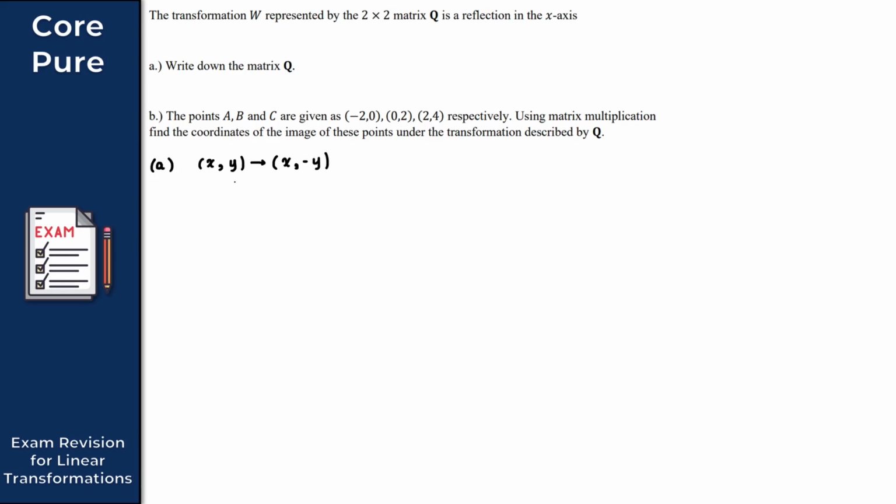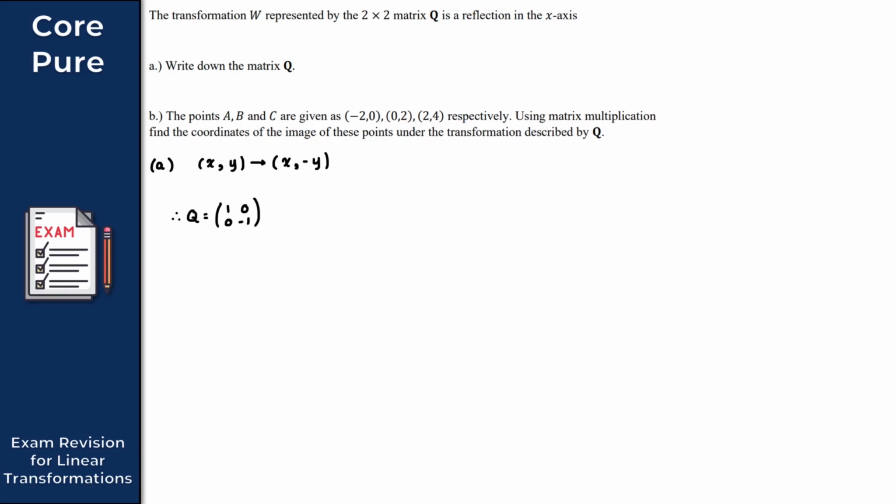So in this case, we would normally start with 1, 0, 0, 1, right? However, if this is going to map to x, minus y, then the matrix Q is going to simply be 1, 0, 0, and now this 1 that we would normally write down is now minus 1, right? Just like that, okay? And there we go.